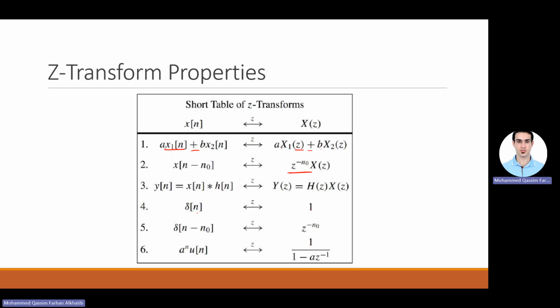Delta of n, z transform is 1. If you have shifted delta, you have z to the negative n. And this is the most common one. So usually when we apply the z transform, we want something like this. When we do the partial fraction expansion, I want to get something like this, so I can use the tables to get that expression.